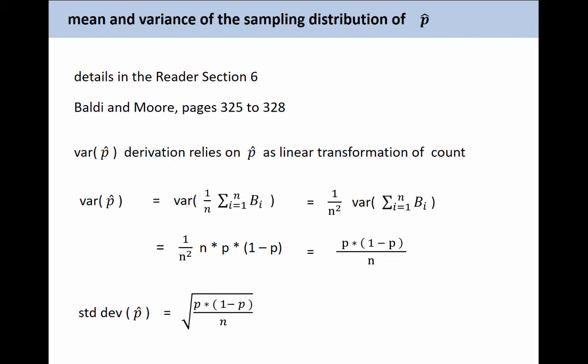And then, of course, to get a standard deviation for p hat, we'll just take the square root of the variance. So this is going to be a very useful formula for us. A few comments about this formula, just as we talked about with averages. The spread of the sampling distribution of p hat with this standard deviation, we can also write this, if we want, as the square root of the numerator, p times 1 minus p, over the square root of n.